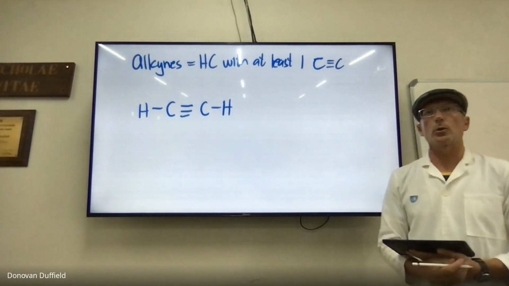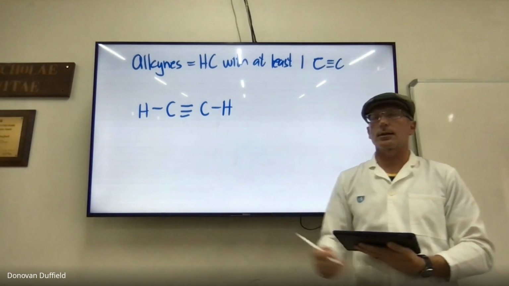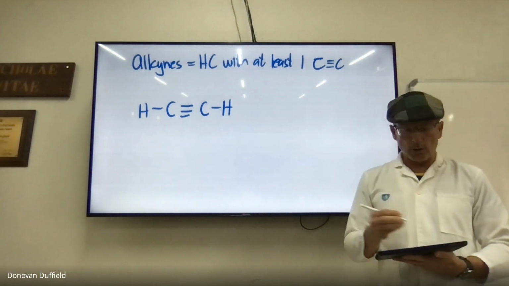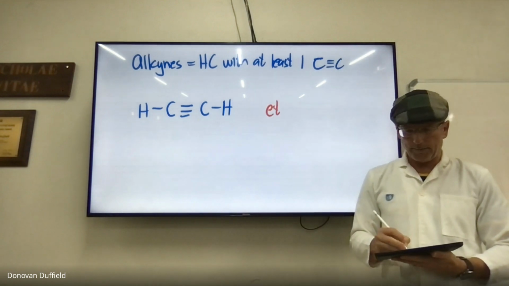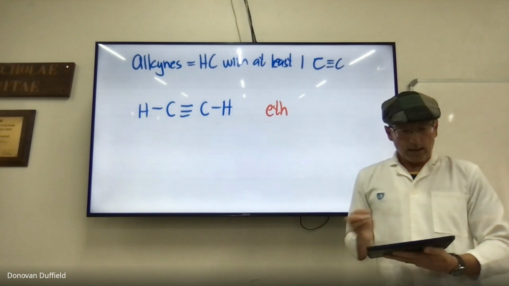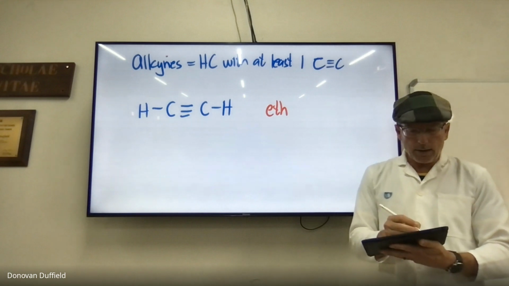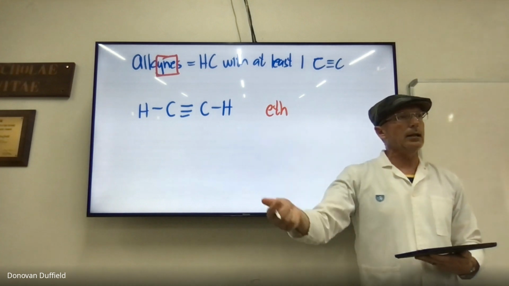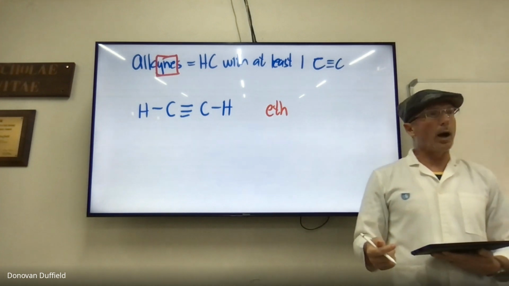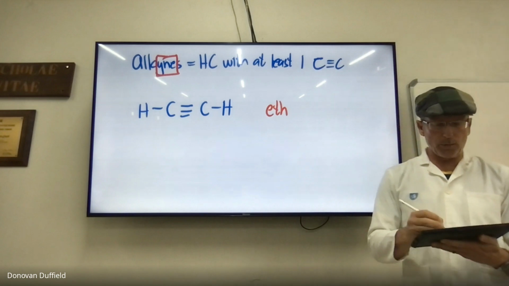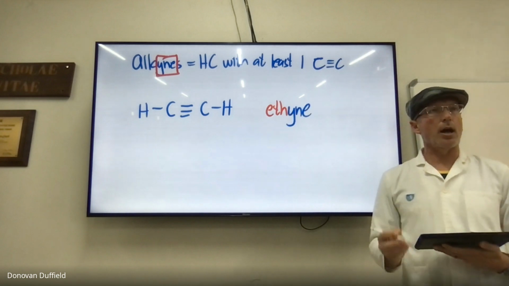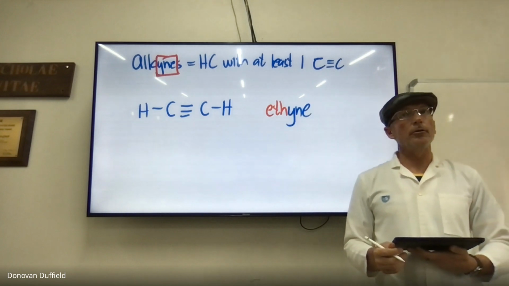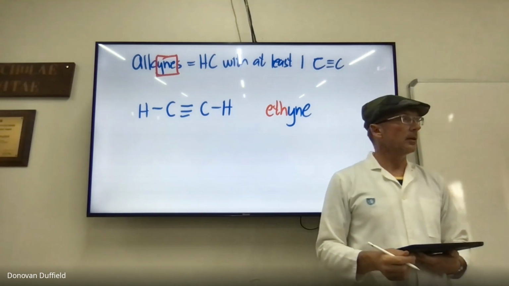Josh, what do you think we would call this compound? How many carbons does it have? So we would start with F. Agreed? The alkynes, the suffix, unlike ANE or ENE, this is YNE. So this would be ethyne, commonly known as acetylene.